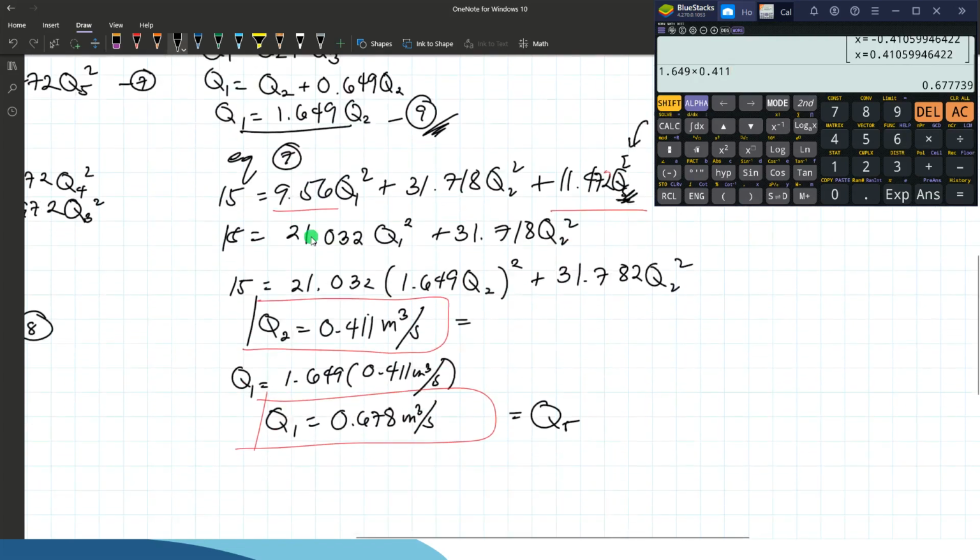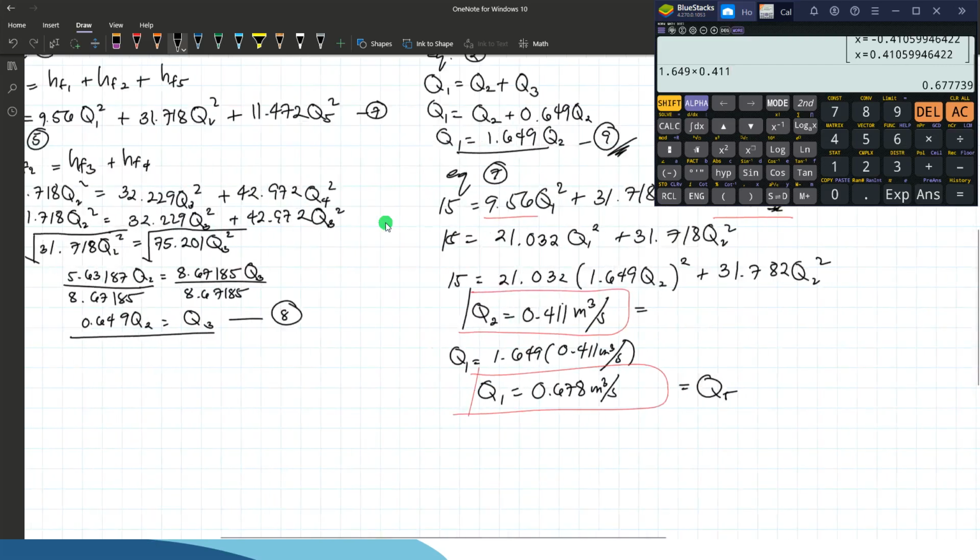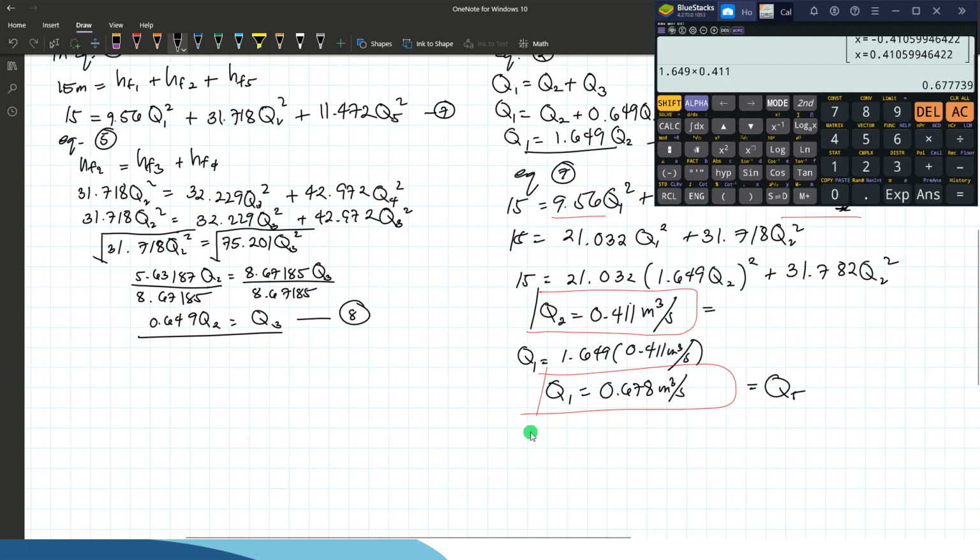So let's find discharge at pipe number 3. Let's refer to equation number 8. Equation number 8, Q3 is equals to 0.649 times Q2. Q2 is 0.411, so 0.649 times 0.411. Okay.